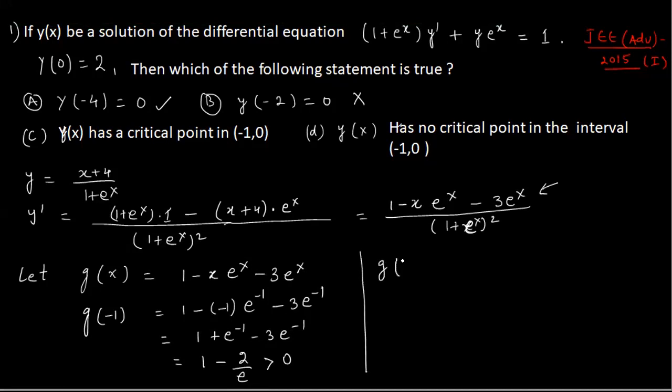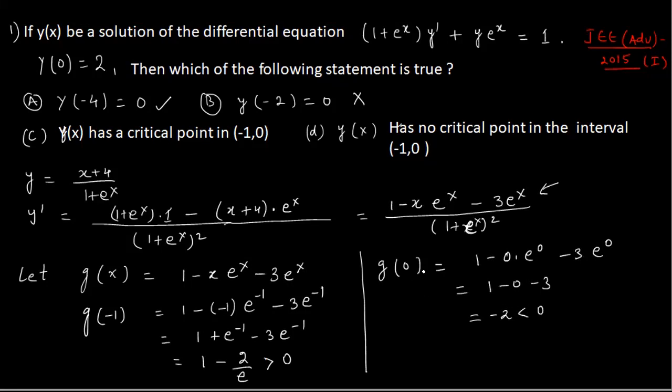Again, let us find the value of g at x equal to 0. So put x equal to 0 in this expression, we get 1 minus 0 times e raised to the power 0 minus 3 times e raised to the power 0, which becomes 1 minus 0 minus 3, which becomes minus 2, less than 0.